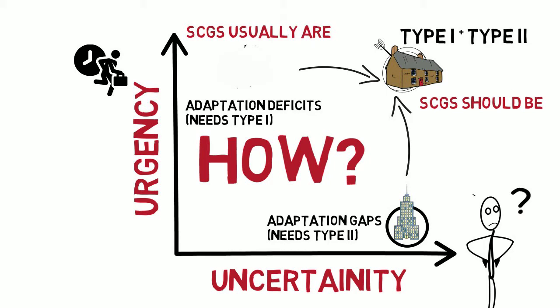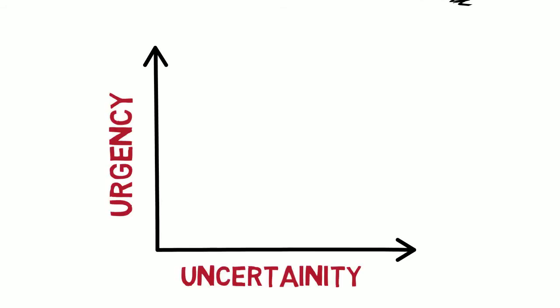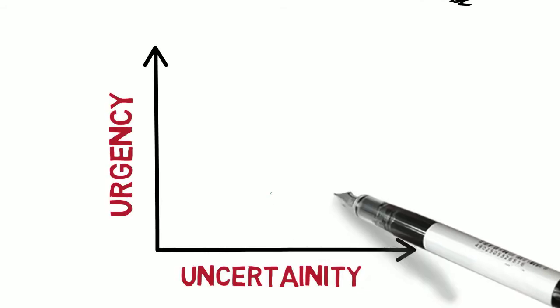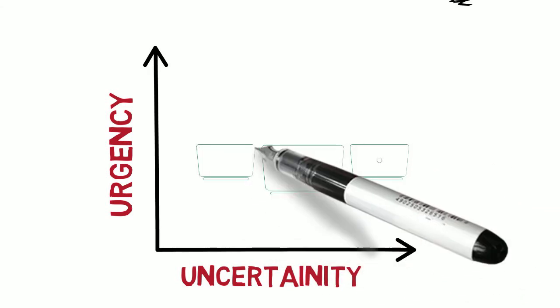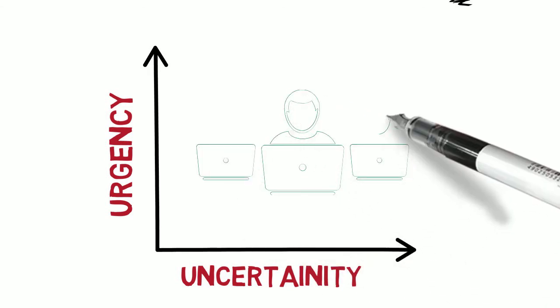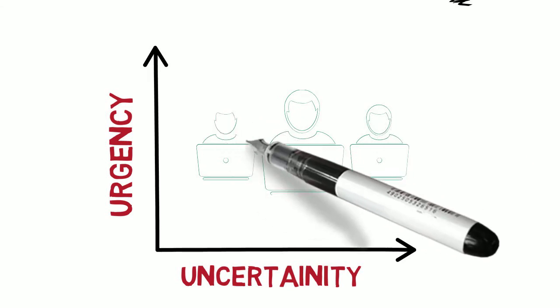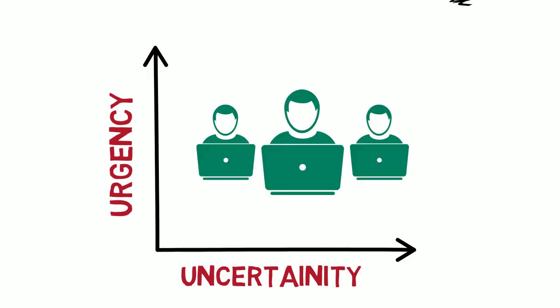So, what we decided to do was to look at other domains, other disciplines, to check whether they have encountered similar problems and if they had, what kind of answers did they come up with. In our explorations, we encountered the domain of software development of all places.